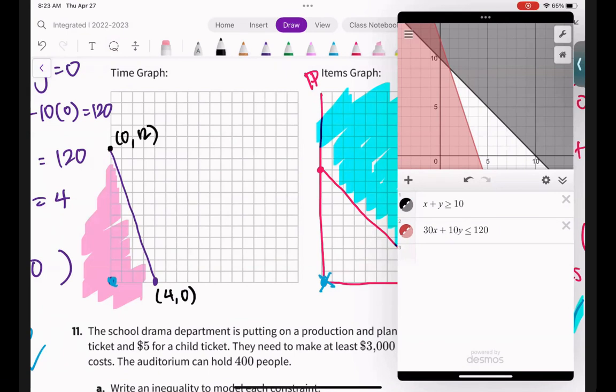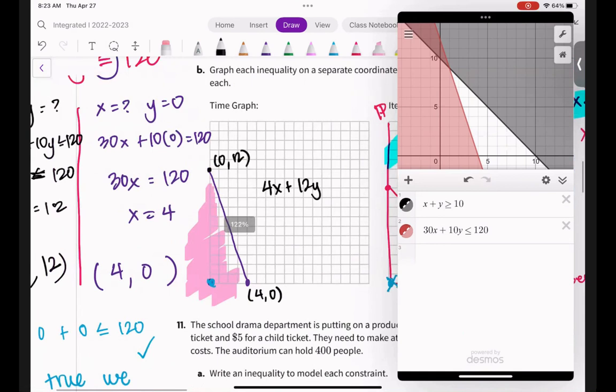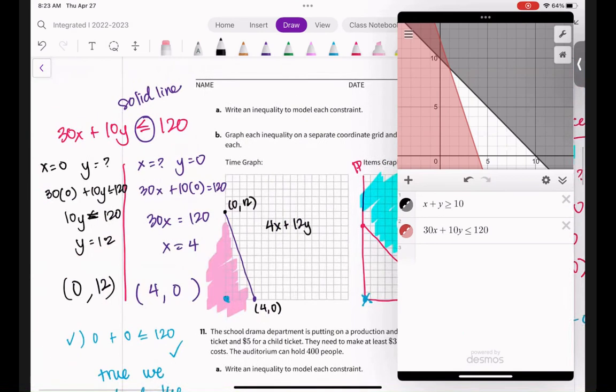You can steal those and write your inequality. It's going to look like something like 4x plus 12y, and then you figure out what number it could be. But Miss Johnson, that one says 30x plus 10y. You're right. So then you have to figure out what it has to be less than or equal to, because this is a simplified version of it. Did I do that wrong?